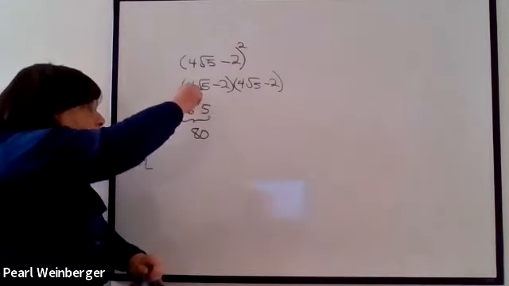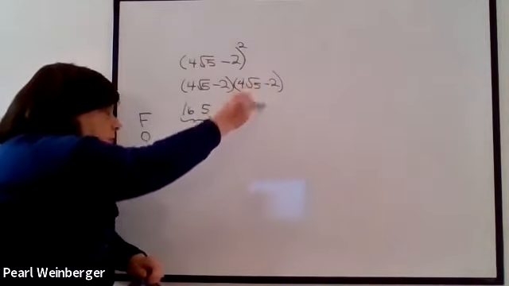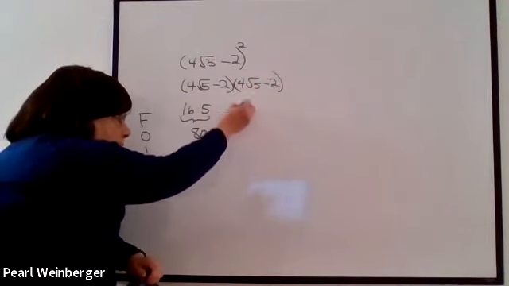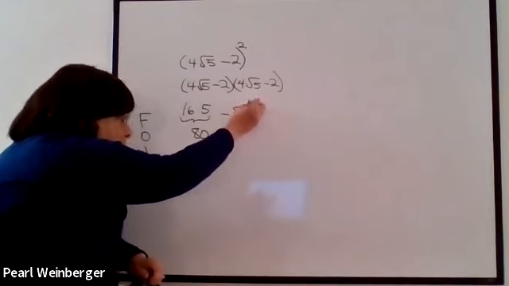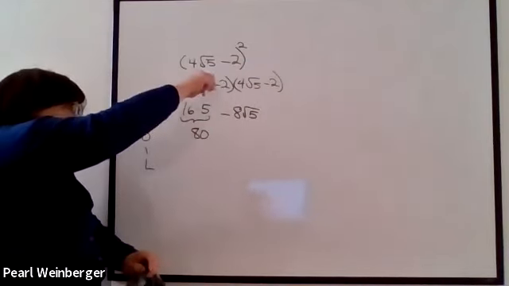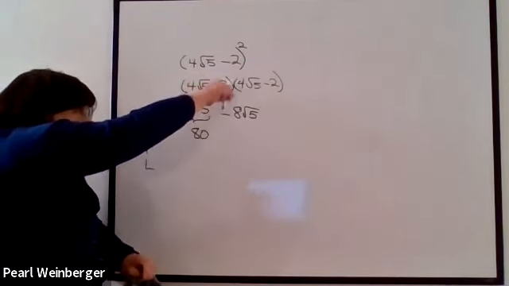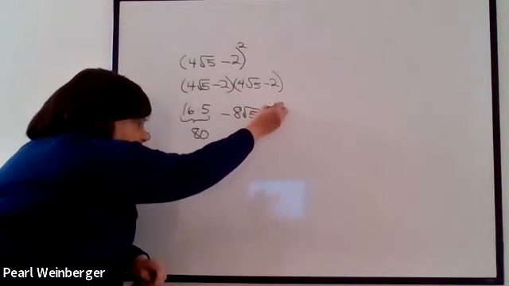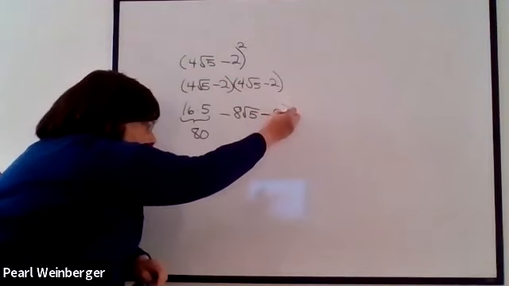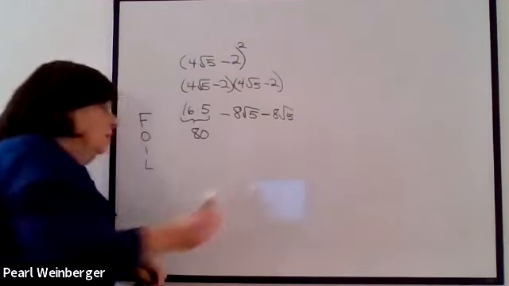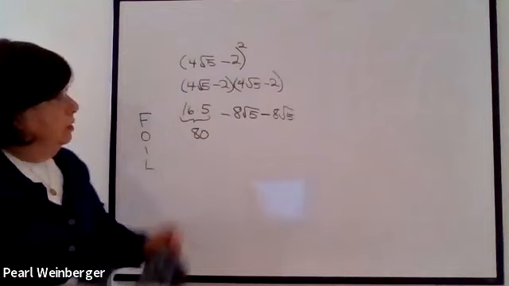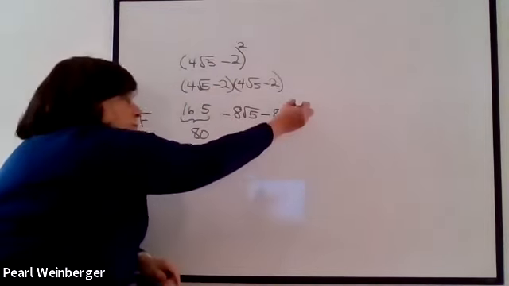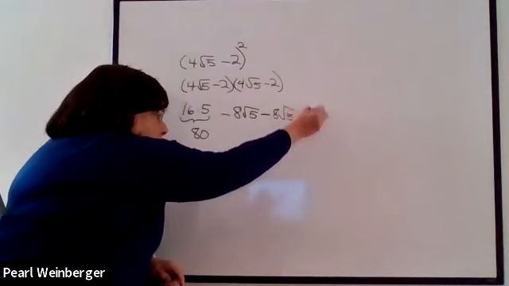Then you go to outer. 4 radical 5 times -2 will give you -8 radical 5. Then we do inner. -2 times 4 radical 5 is again another -8 radical 5. And finally, the last is -2 times -2, which is +4.